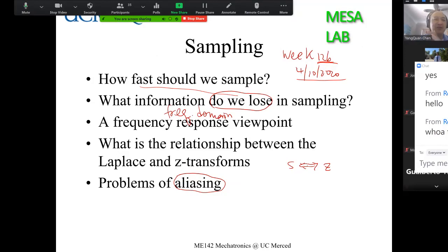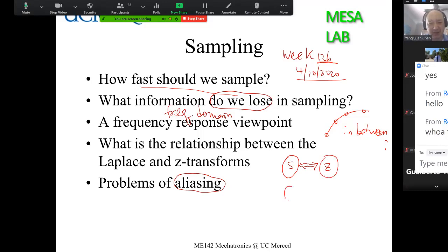So we need to answer the question of how fast we should sample. And when you do the sampling, you have a signal and you only pick up those points, right? So what's lost in between? And how do we view this from the frequency response point of view? In a nutshell, if you have something in the S domain, how can you get into the Z domain?